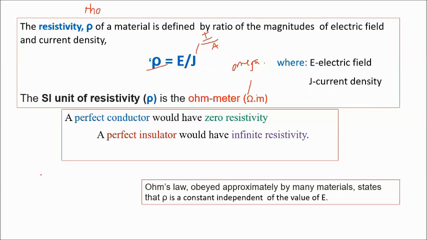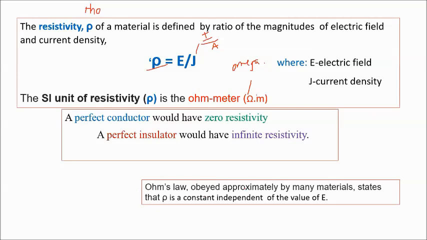Although materials resist the flow of electrical current, some are better at conducting it than others. Resistivity is a figure that enables comparison of the way in which different materials allow or resist current flow. A perfect conductor would have zero resistivity, and a perfect insulator would have infinite resistivity.